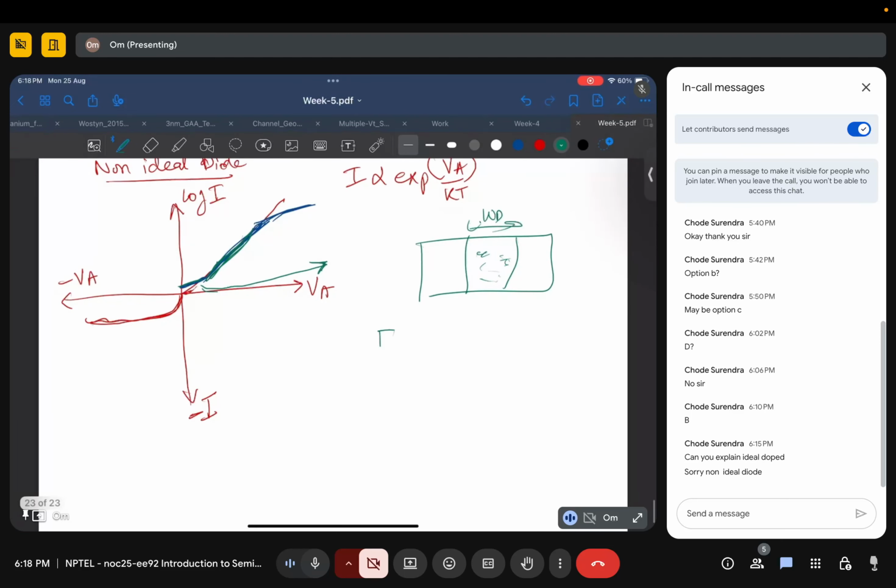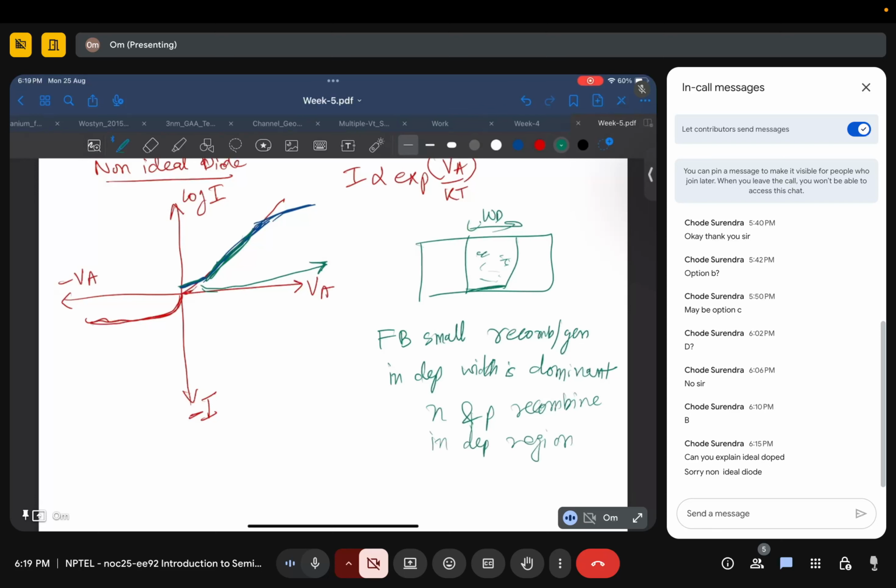So when forward bias is small, this recombination and generation in the depletion width is dominant. So N and P recombine in the depletion region. Due to that, we get this kind of behavior, non-ideality.